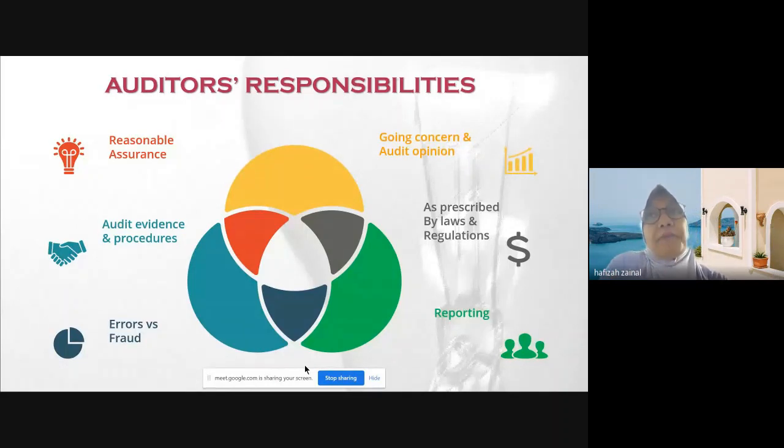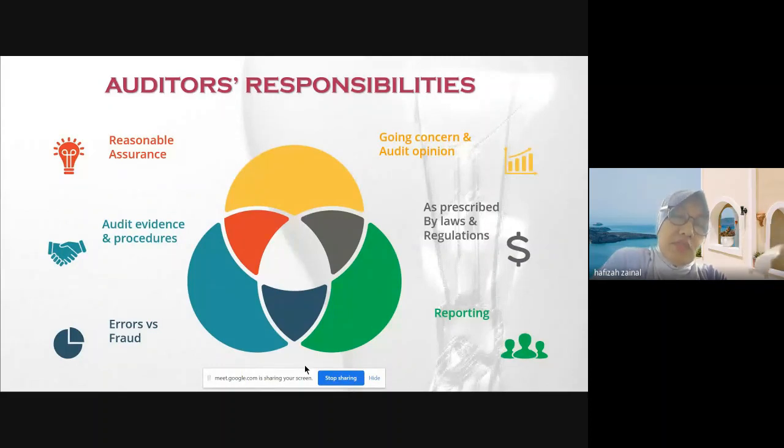Then only we know whether the operations implemented by the client are in accordance with the relevant regulations and law. Okay. So last but not least, of course, reporting. Ultimately reporting to the members, then reporting to the management, together with the board of directors, the committees and so on. And finally, the audited accounts will be submitted to the Companies Commission.